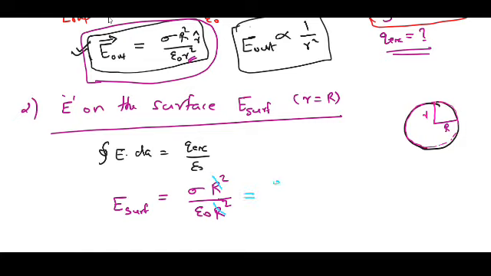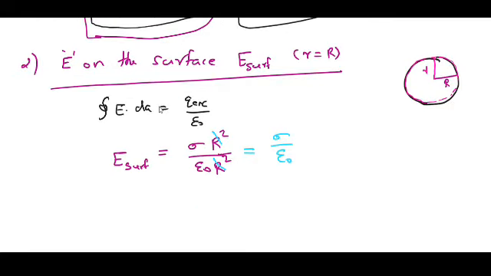The remaining equation is sigma divided by epsilon 0. This is the expression for the electric field on the surface of the spherical shell, sigma divided by epsilon 0.